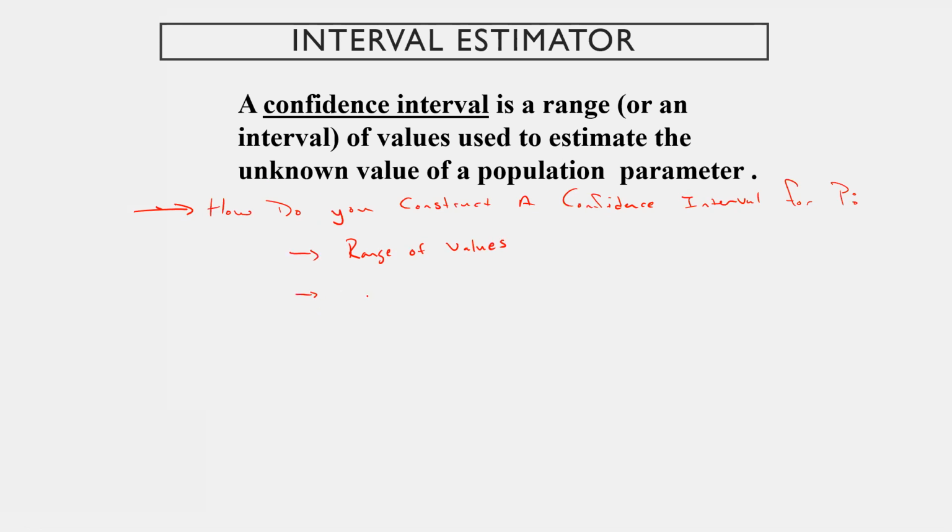A confidence interval, no matter if it's for a mean or for a proportion, always starts the same way. It's always the point estimate, add and subtract the margin of error. The point estimate here for a proportion is just the sample proportion.